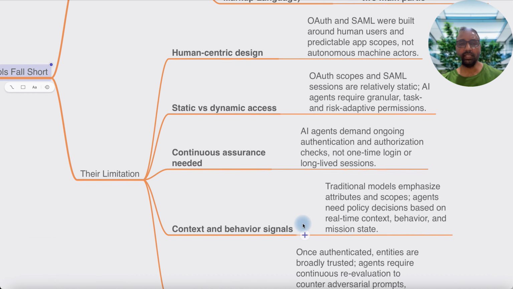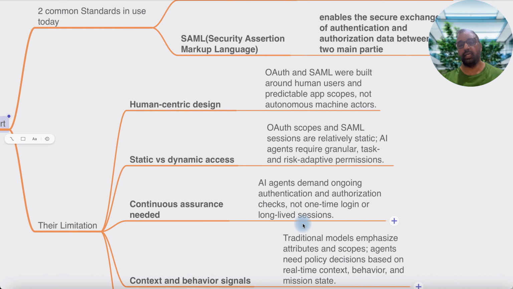Now the limitation of these protocols is that, one, they were designed to be human centric. So what that means is they understood how humans work, how they request access, and they were not designed to understand autonomous machine actors or non-human identities. Second, these protocols were designed to be relatively static.